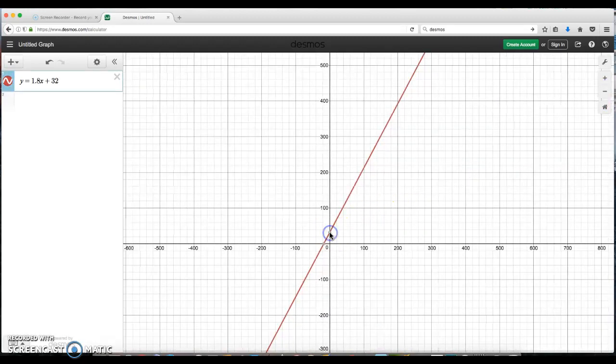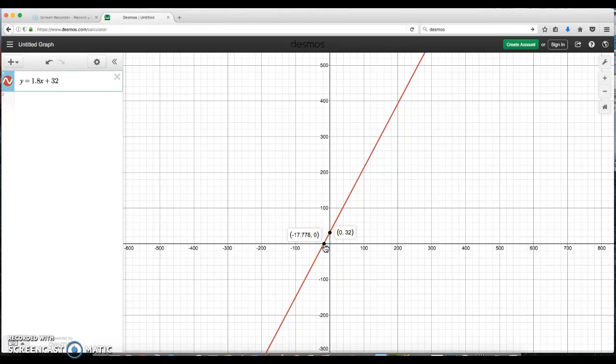So we have our y-intercept at 0, 32. So when x is 0, y is 32. This is actually the conversion for Celsius to Fahrenheit. So when it's 0 degrees Celsius, it is 32 degrees Fahrenheit.